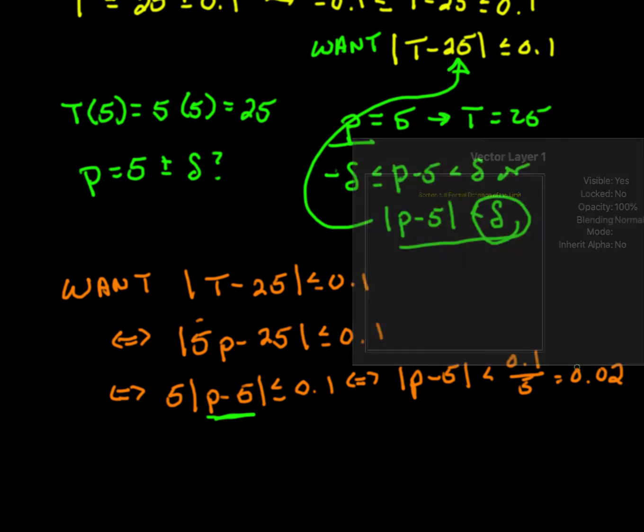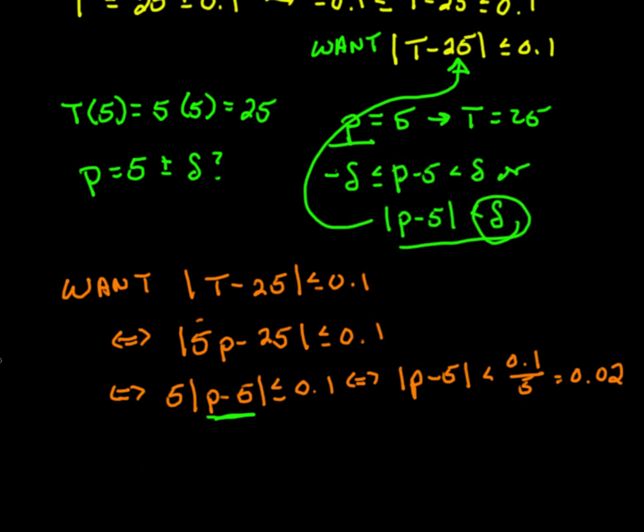So, what does that tell me? As long as pressure is equal to 5 plus or minus 0.02, then temperature will be 25 degrees plus or minus a tenth of a degree Celsius.